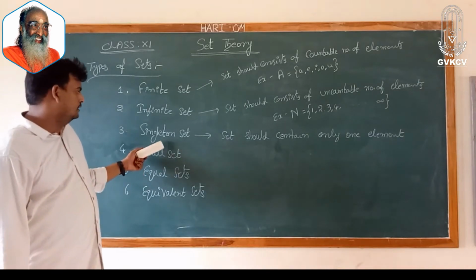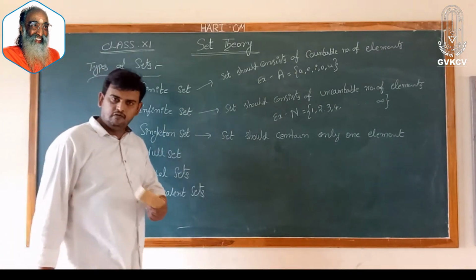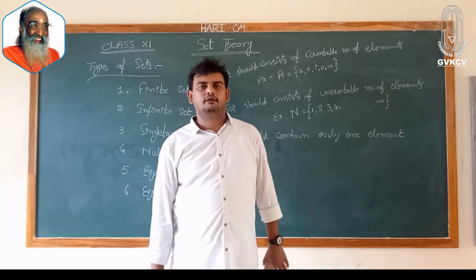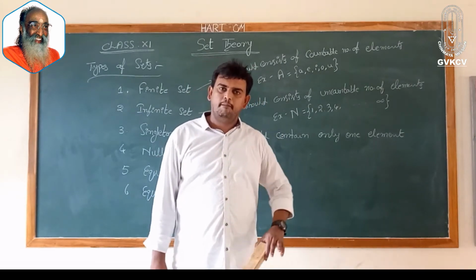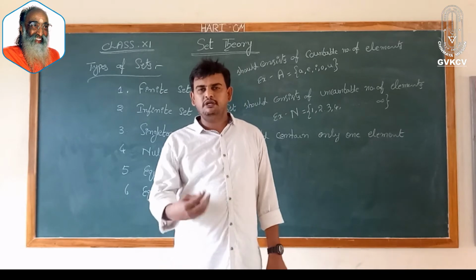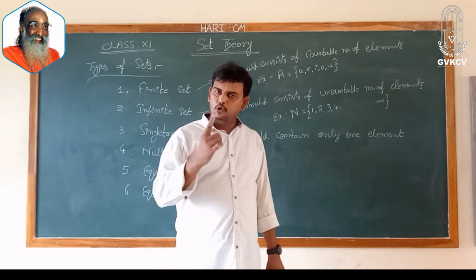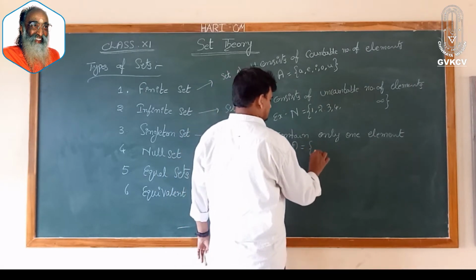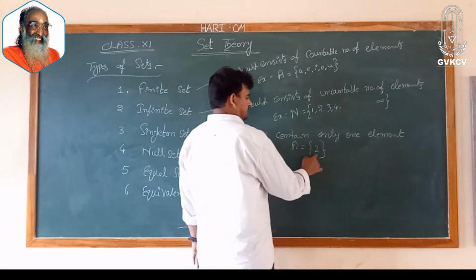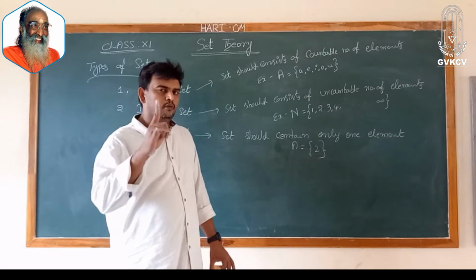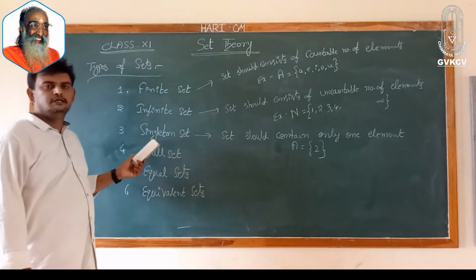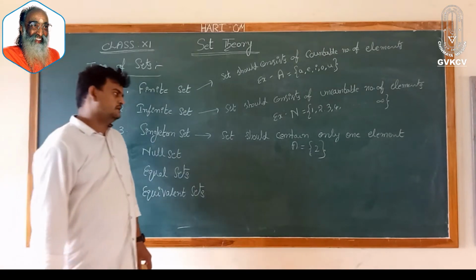That is nothing but called singleton set. For example, even prime number. Collection of even prime numbers. How many even prime numbers we have? Only one. What is that? I can say set {2}. Here how many elements we have? Only one element. So what we can call it? We can call it a singleton set.